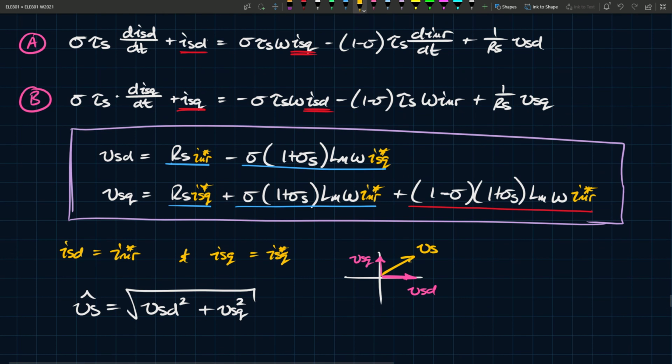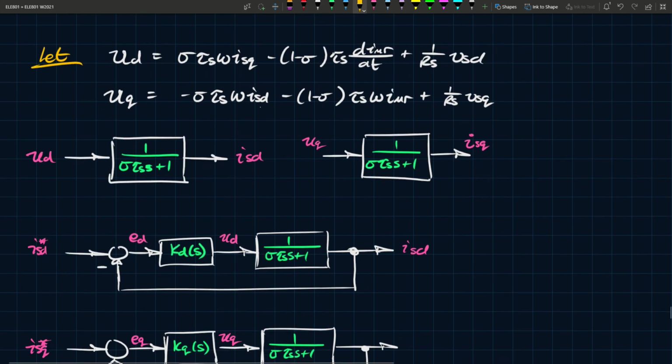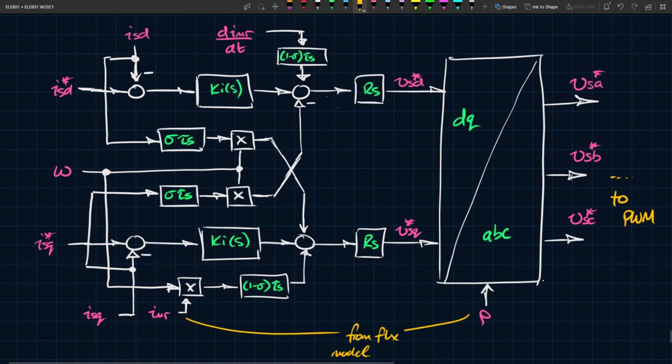So if this here depends on sigma tau s omega ISQ, then why don't I just subtract from this chain this quantity? And then I add this quantity to this chain so as to eliminate the effect. So that's why you'll notice on the top, you subtract this. At the bottom, you add it to nullify the effect.